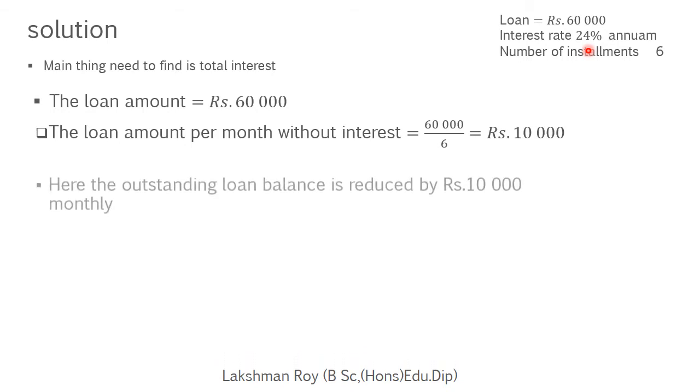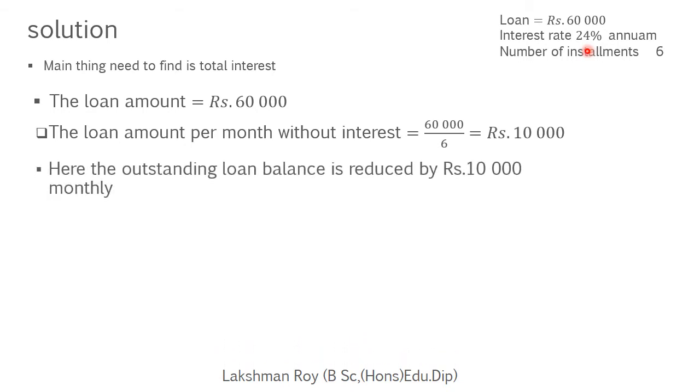You can see here the outstanding loan balance is reduced by 10,000 rupees monthly. That means from the 60,000 rupees loan, every month 10,000 rupees is reduced. Now, on the remaining balance, you have to calculate the interest.